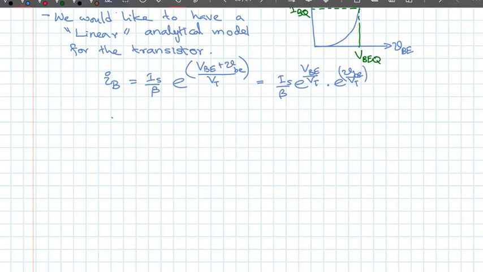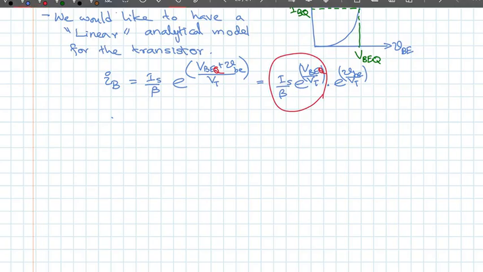Okay, so I separate the AC and DC components. What is this? This component here, let me put this as Q. Okay, this is at the quiescent point. This is at the quiescent point. So therefore what you have there is my base current at that point.